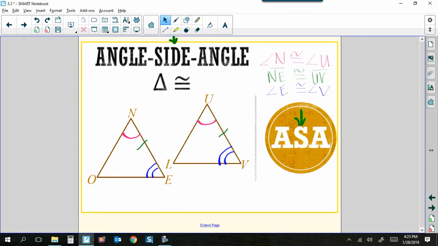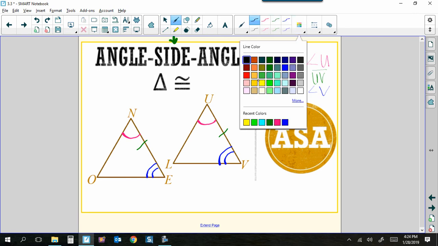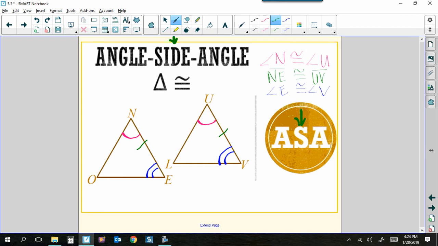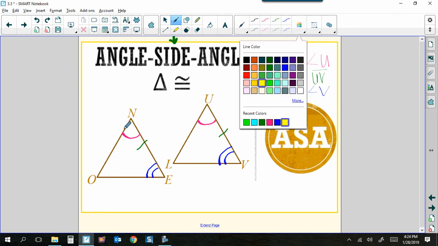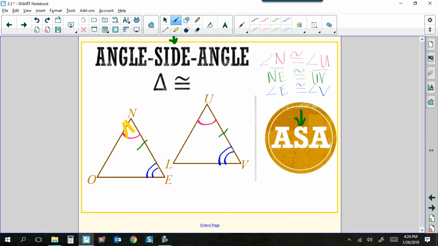So here's just an example. I have the same diagram. If I were using angle N as congruent and angle E as congruent, well, the included side would be NE. So NE would need to be the congruent side. You can see, as I was saying with that margin note that you made, if you were to read this around, well, here's an angle, here's a side, and here's an angle.